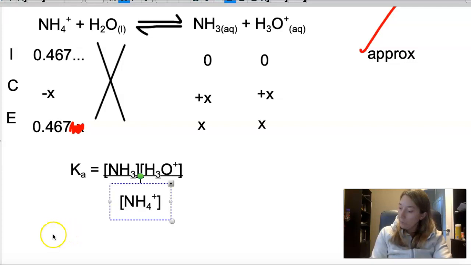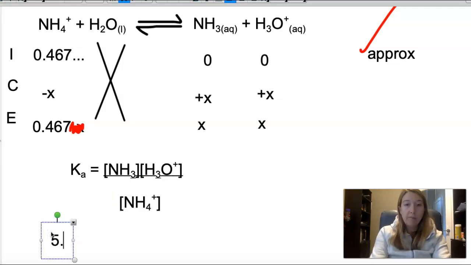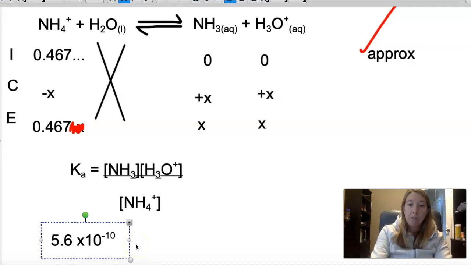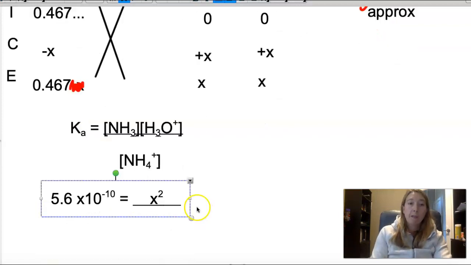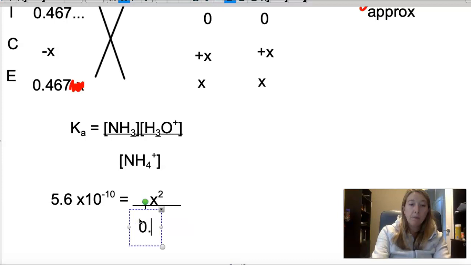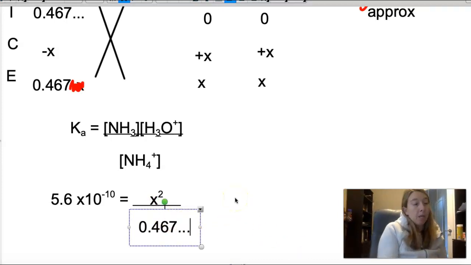Okay, Ka, we're looking it up in our data booklet, 5.6 times 10 to the negative 10. Okay, and that's going to equal our x squared divided by that 0.467 number, okay?